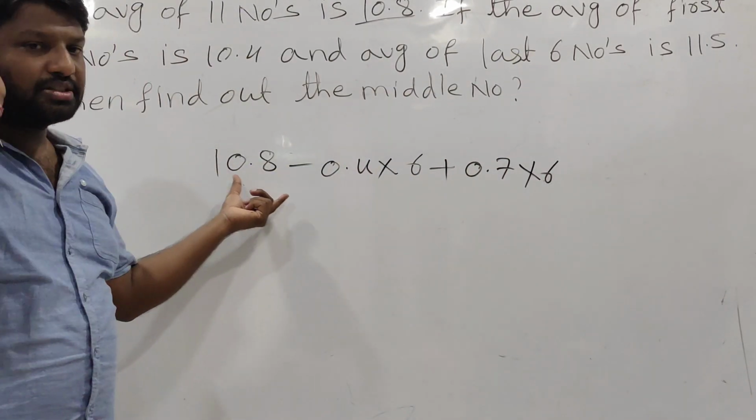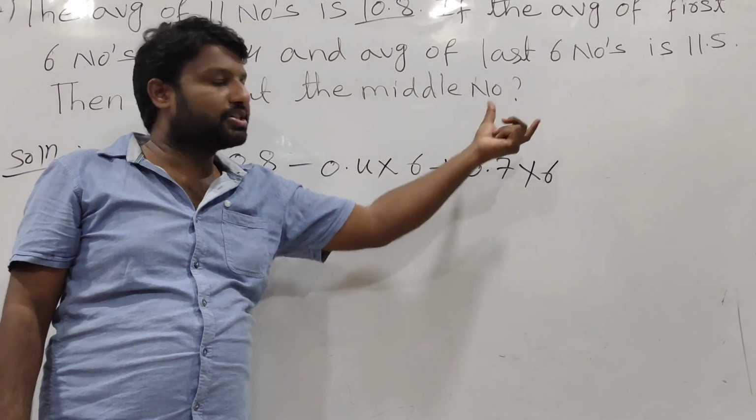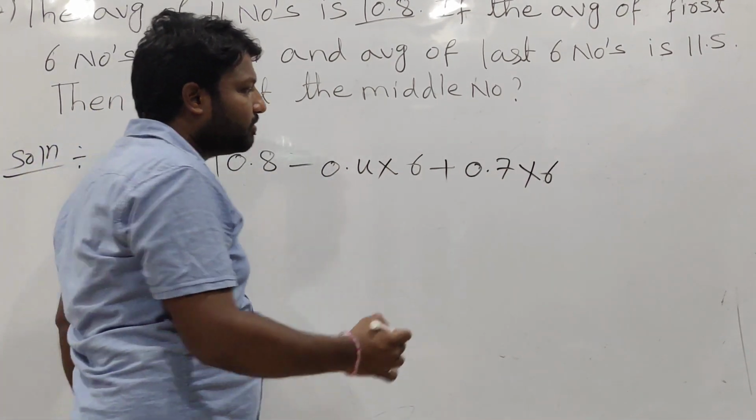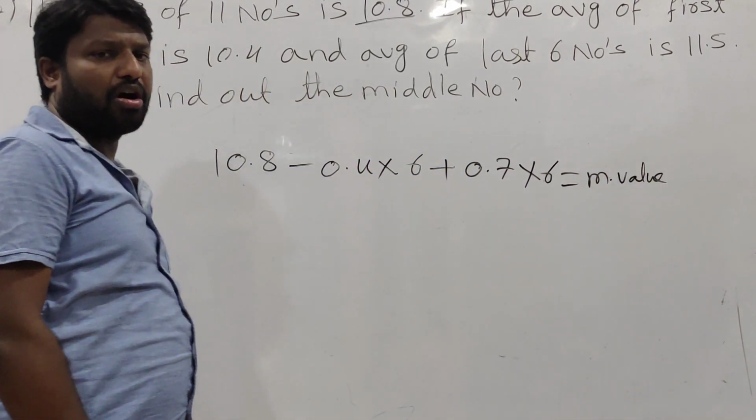Okay, total average. So this is for the first 6 numbers, and for the next 6 numbers I have written this. So this will be equal to the middle value.